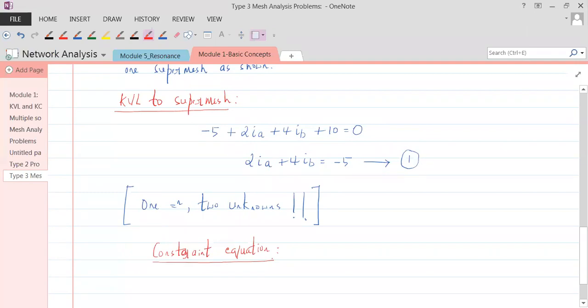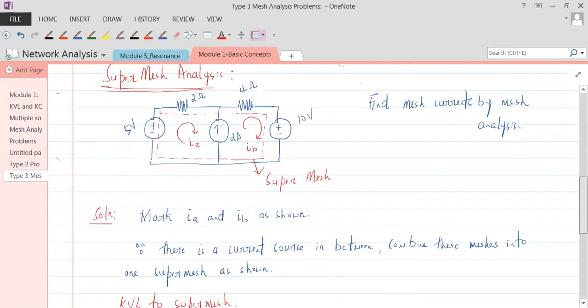I cannot do it within this time because I have got a time constraint, 1 hour is not sufficient. So what is the constraint equation? It can be obtained by looking at this particular current source, which we had not taken into account when we applied KVL to the super mesh.